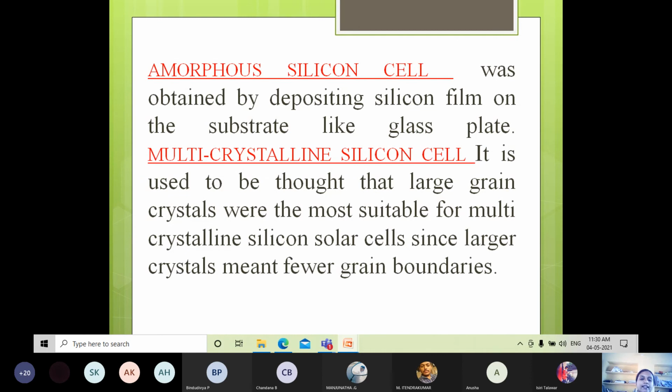For multicrystalline silicon cells, it used to be thought that large grain crystals were the most suitable, since larger crystals meant fewer grain boundaries. These types of crystallines I will explain in the next class.